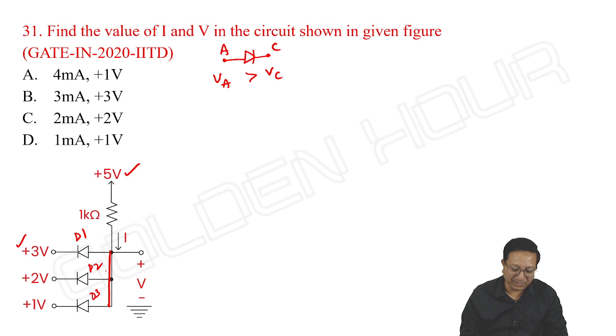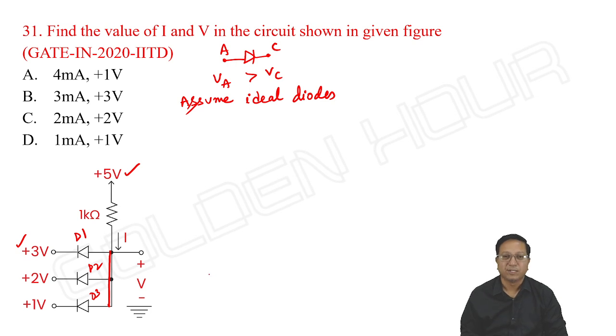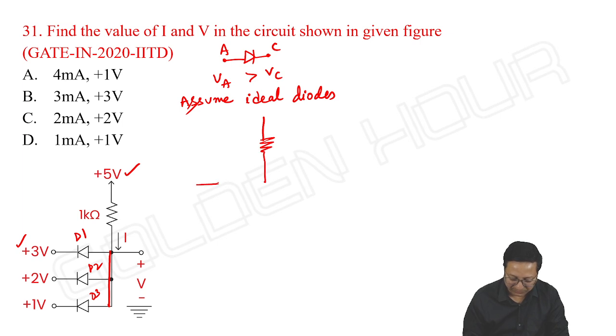If I take this particular problem, as they have not mentioned anything about the diodes, assume ideal diodes. Let me draw the circuit here itself. If D1 is on, the voltage here will be simply 3 volts.